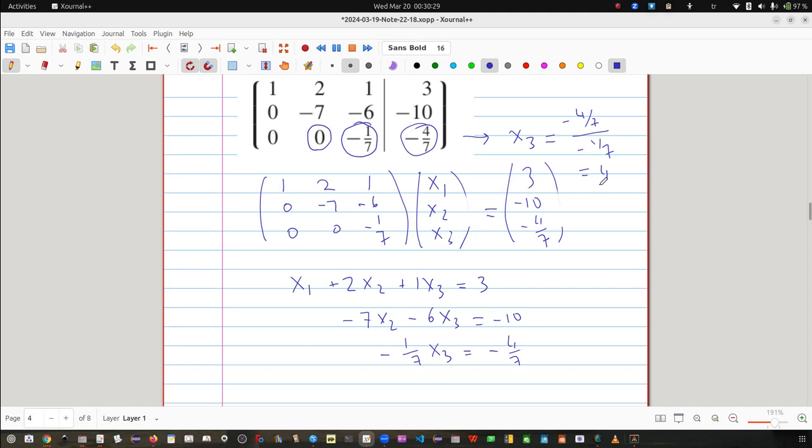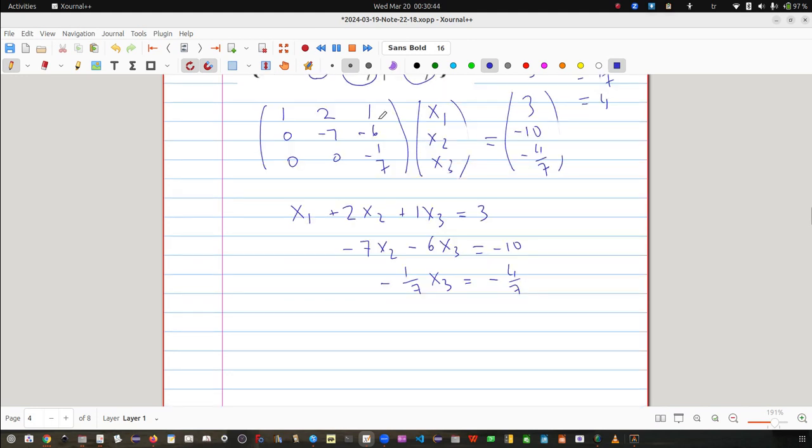So once it is known, it means the second variable times minus 7 minus 6 times the third variable is equal to minus 10. So since the third variable is known now, one should be able to substitute and say, here we know that x3 is known. Let me make it red. So this is known now, and this is unknown. So by knowing x3, we are able to find out x2.